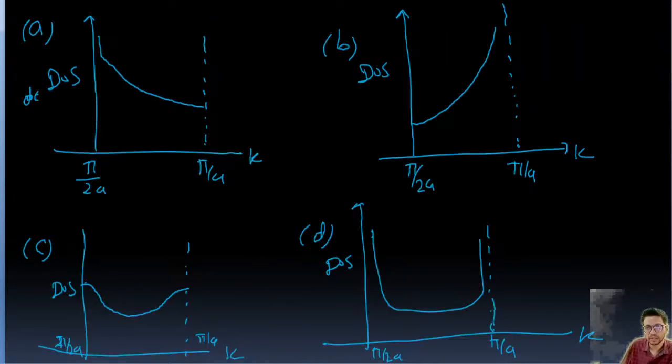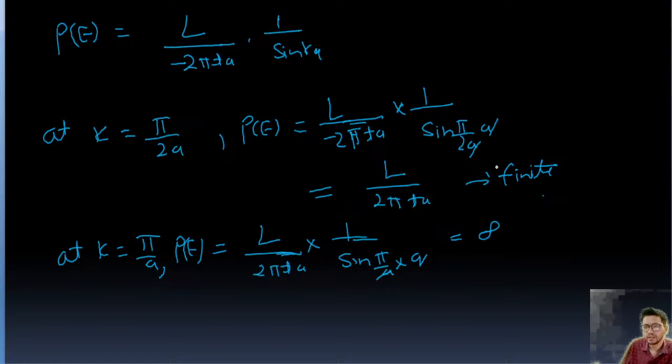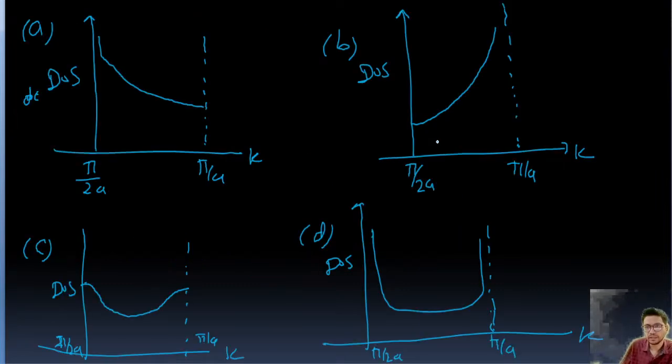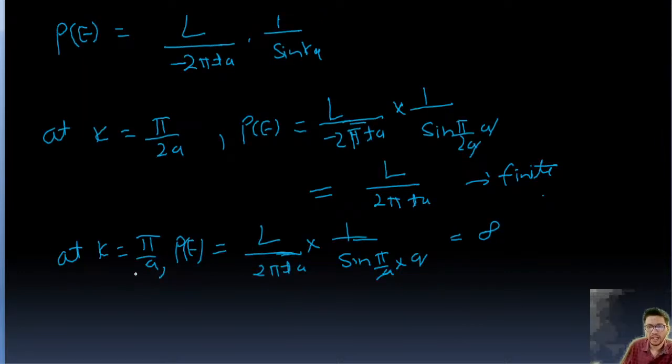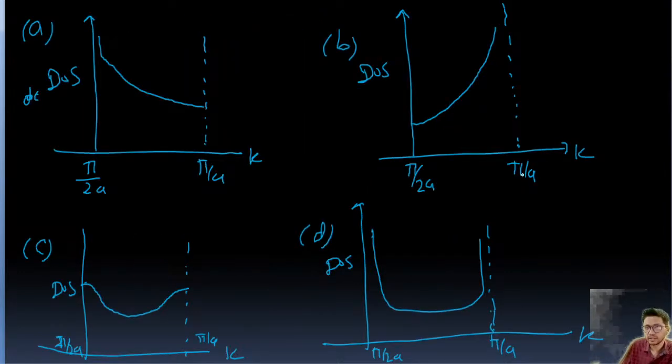We just have taken mod value. And at k equal to pi by a, it is tending to infinite, right? Infinite value. So this is the correct answer, guys. Option B is the correct answer.